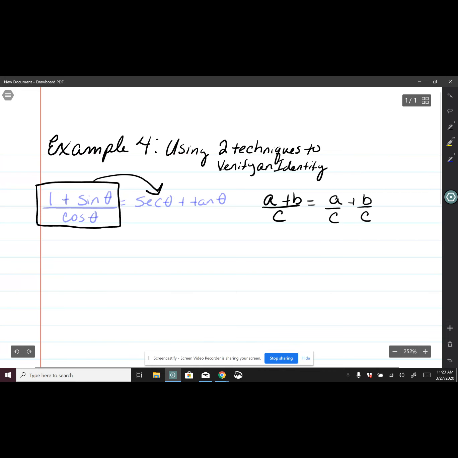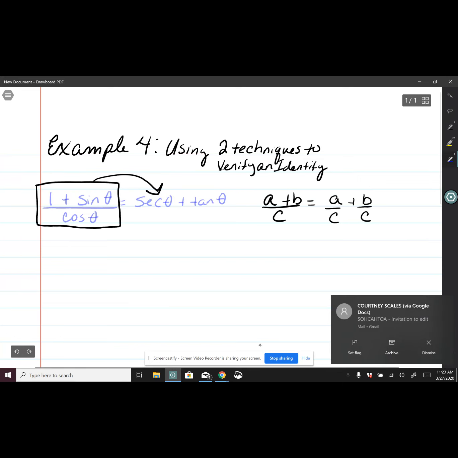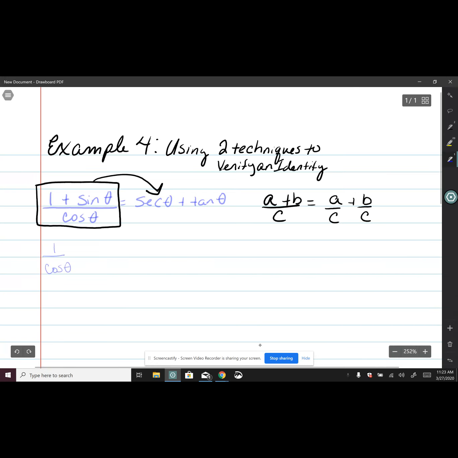So we're going to take that same mentality and apply it to this problem here. So we wind up with 1 over cosine of theta plus sine of theta over cosine of theta.